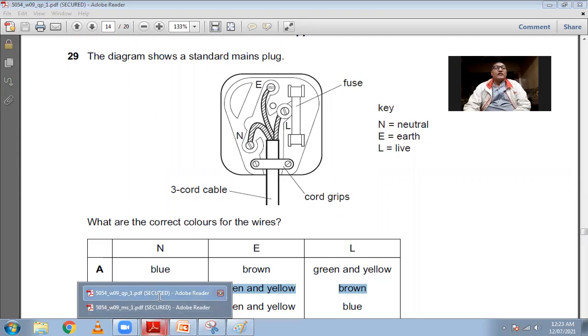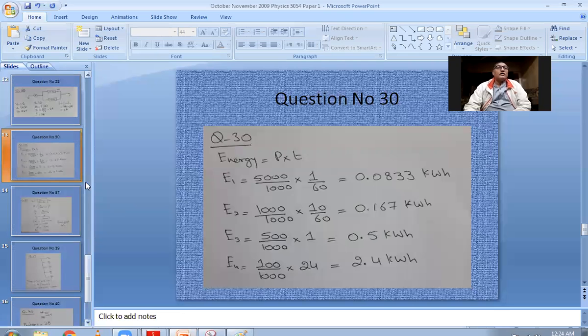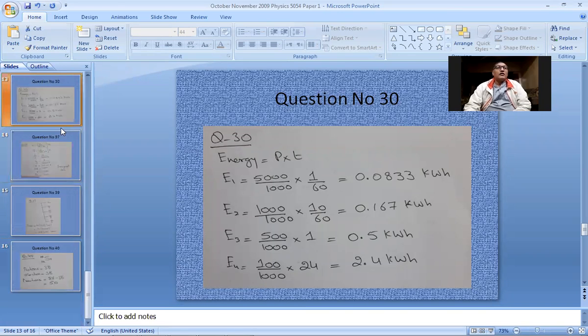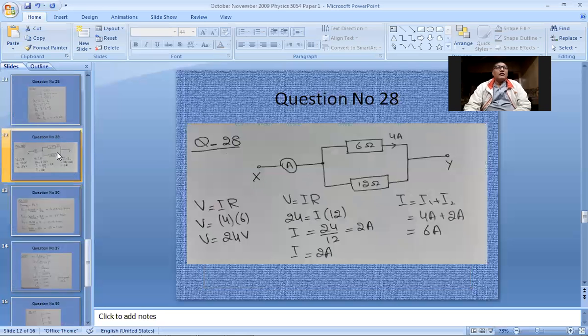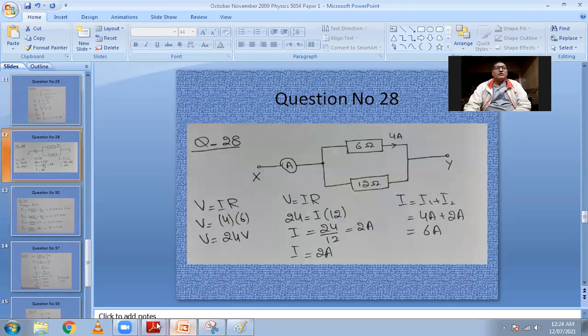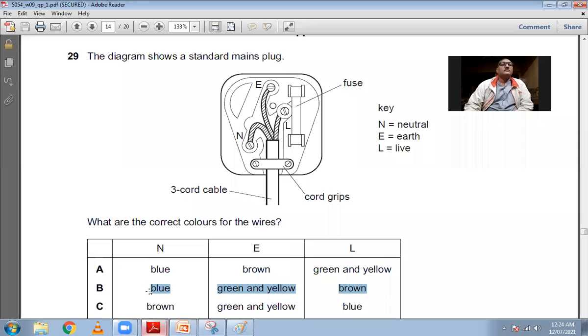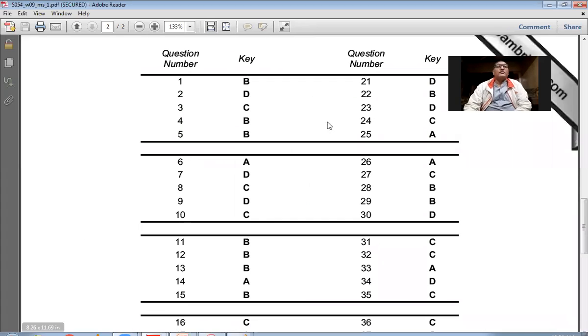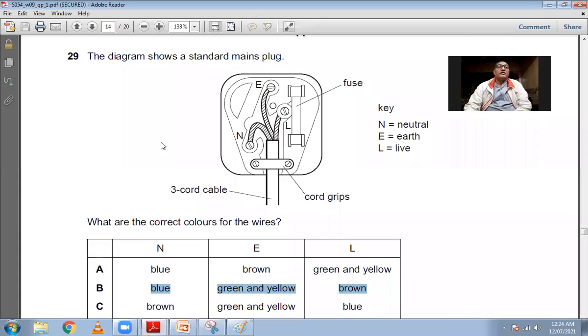Question number 29, B is the right option.